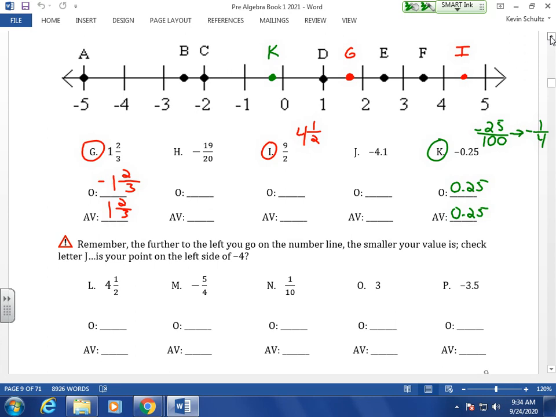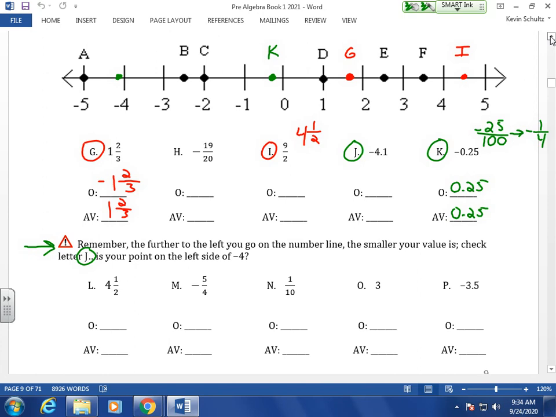I do have a cautionary tale here. Just remember, the negative side of 0, you don't use it quite as much, so it's a little bit more unfamiliar. But a number like we have in letter J here, negative 4.1, which side of negative 4 is it going to be on?